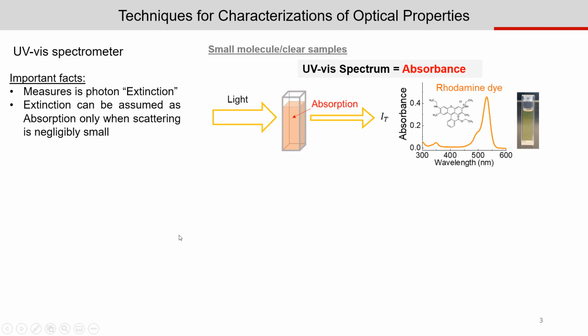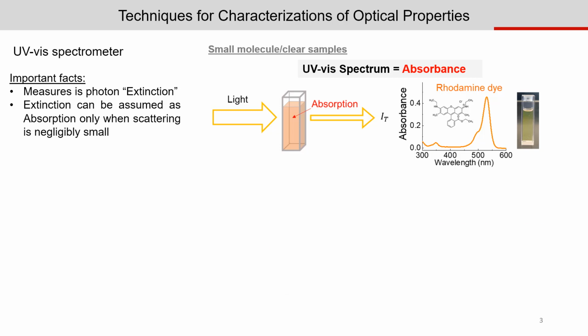For example, what a UV spectrometer measures is the attenuation of the incident light after passing through a sample, which gives the photo extinction. For small molecules like rhodamine dye sample, the attenuation of light can be assumed entirely due to sample absorption, because the scattering is negligibly small due to small molecular size.